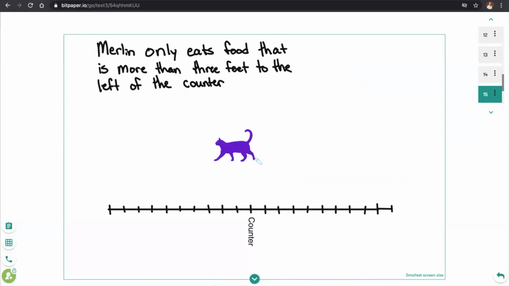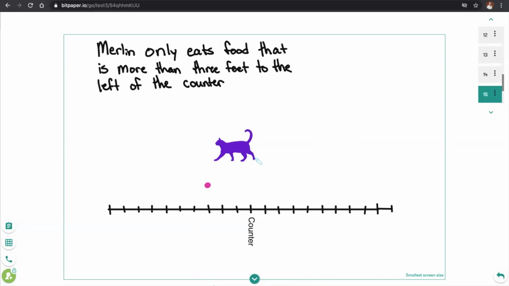Merlin, on the other hand, only eats food that is more than 3 feet to the left of the counter. So if we're going to draw this on our number line here, we're going to have to do it to the left of the counter. So that means that we're going to put our food 1, 2, 3 places to the left of the counter. Right there.